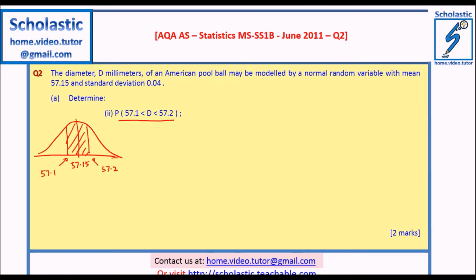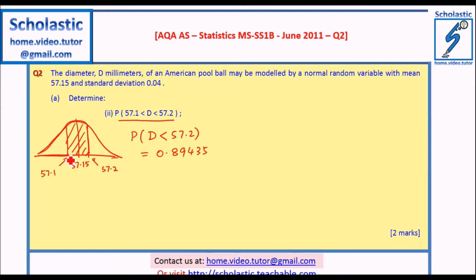Same as for the first part, we can find the total area from here up to here, which is equal to the probability diameter less than 57.2. We got this answer from the previous part, which is 0.89435.